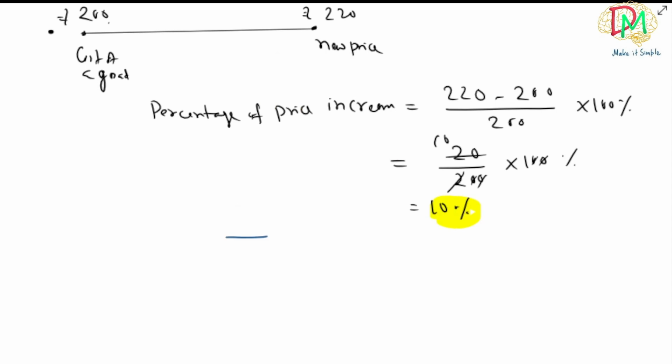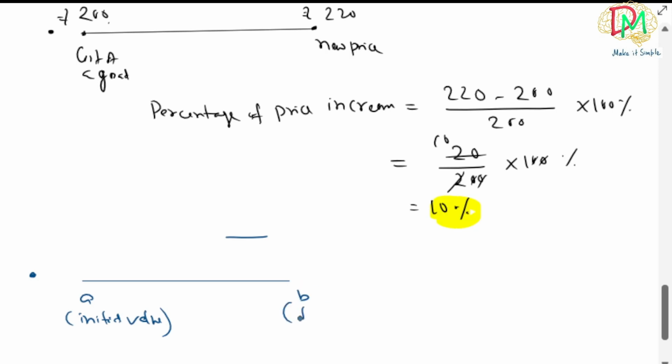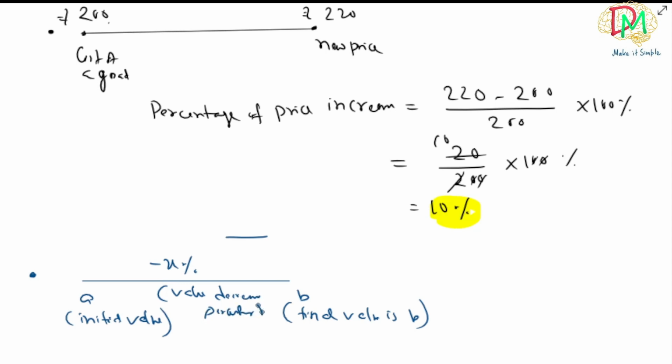Now a similar concept is applicable for decreasing the value also. Here, if the initial value is a and the final value is b, and the value decreases by x percentage, that is the percentage decrease.